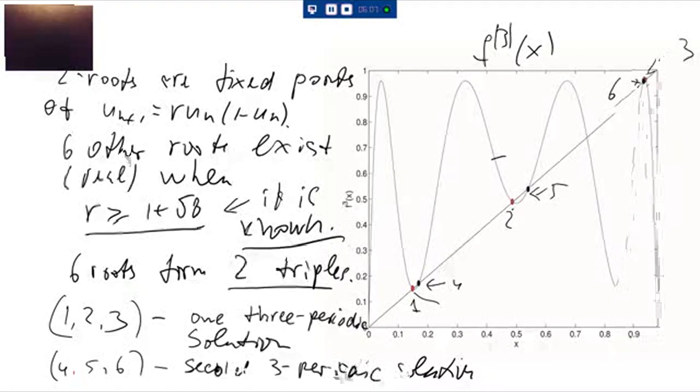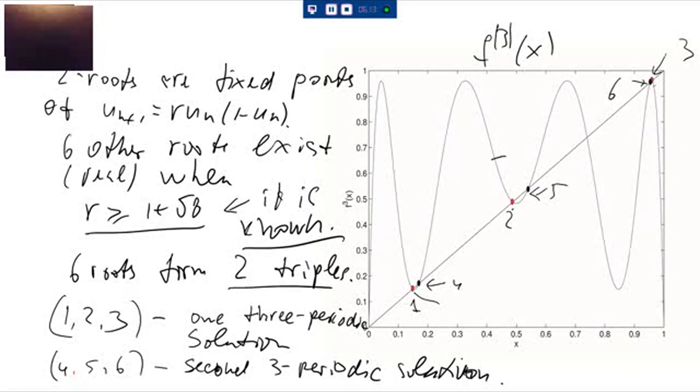So what is important here? They appear at the same time, at the same value of r, which is 1 plus square root of 8. One of them is stable and another is not. This one is stable, which is represented by red, and this is unstable. And then what happens later on, when r is increasing, this red one also becomes unstable.